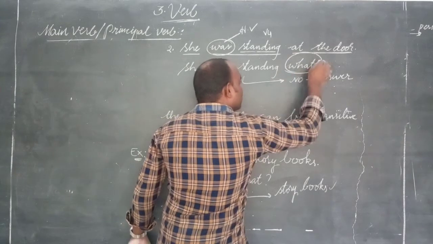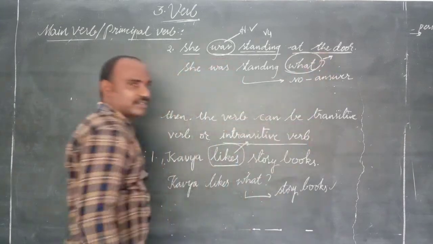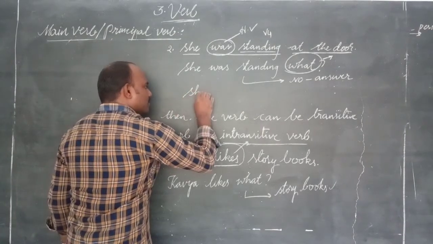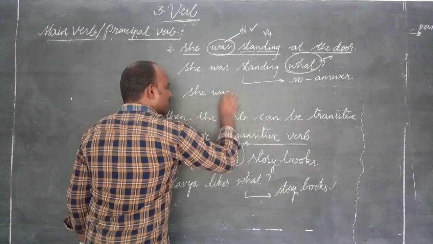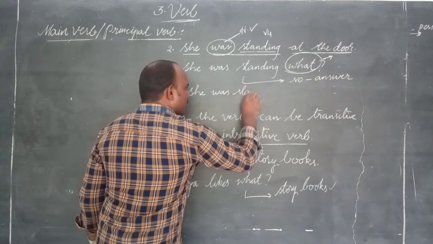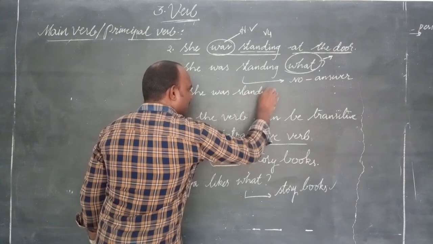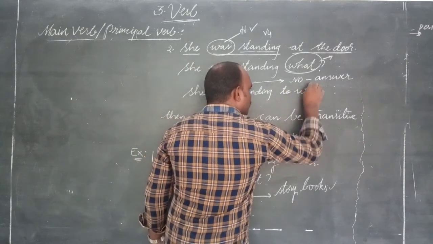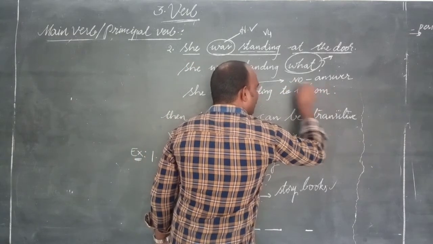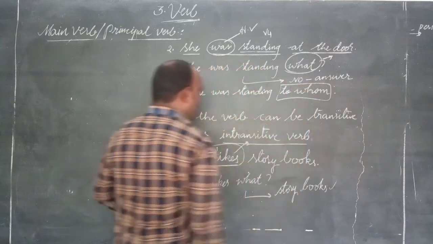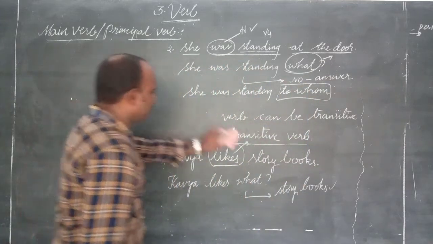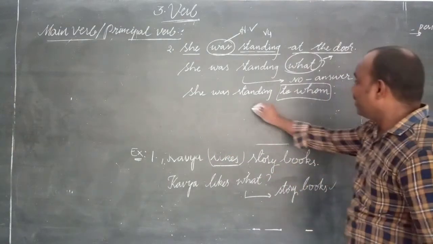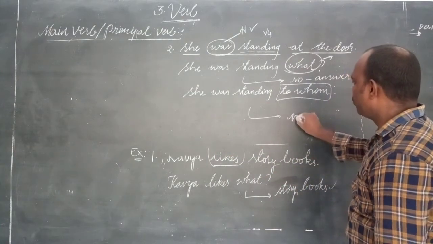We have questioned with the first word, what. We have one more word, to whom. She was standing to whom? This is the second WH word. We should question the verb in the sentence. She was standing to whom? Again we have no answer.